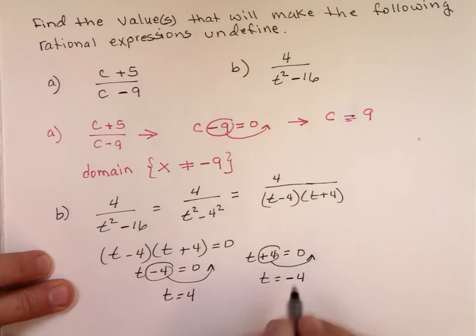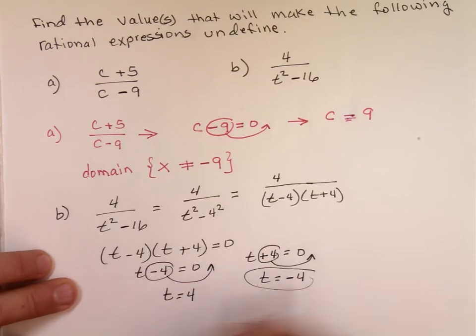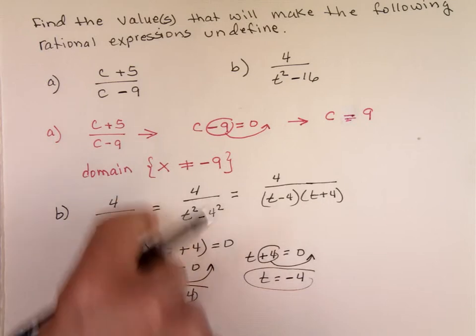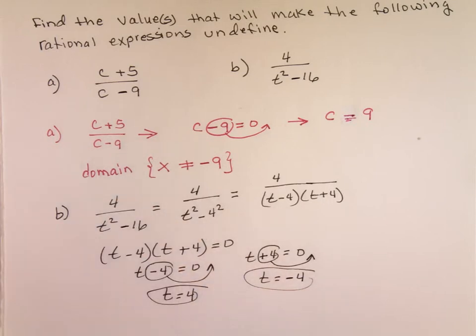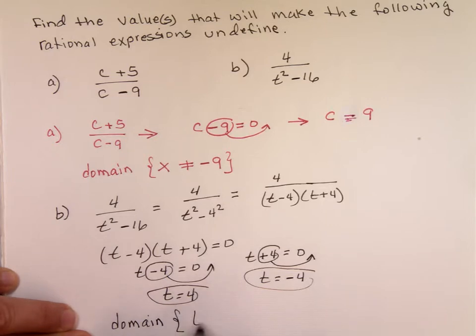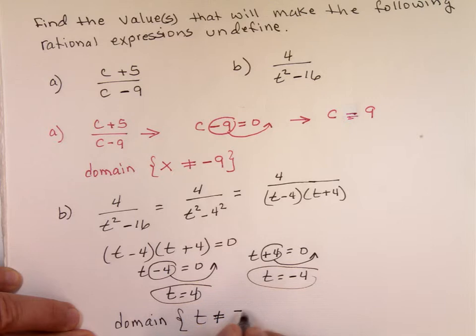So these are the two numbers that will make this expression undefined. So my domain, if I want to write the domain for that, what t values can we use? All the values that t cannot be negative 4 or plus 4.